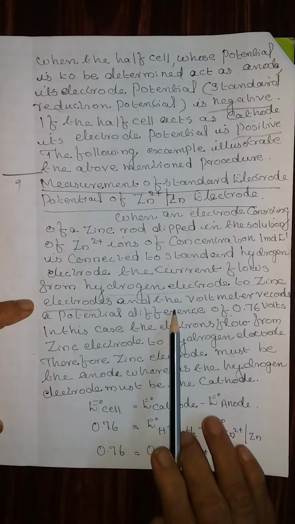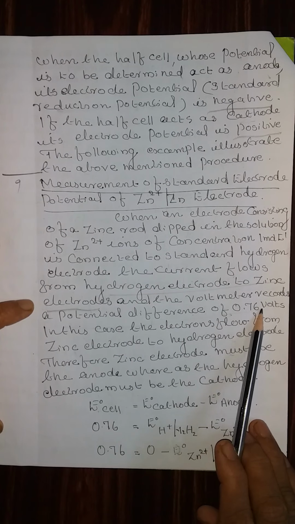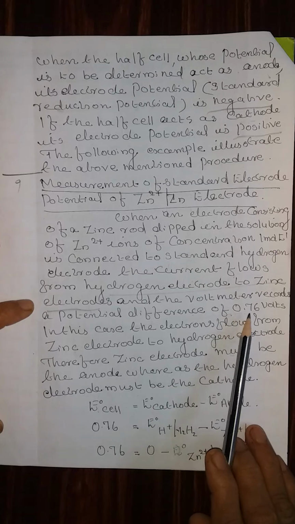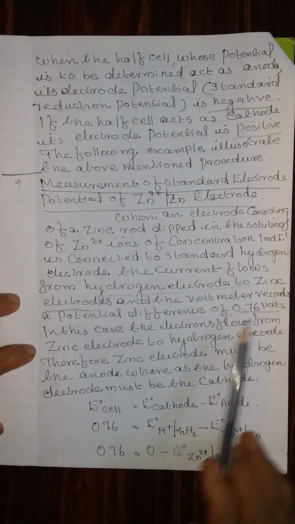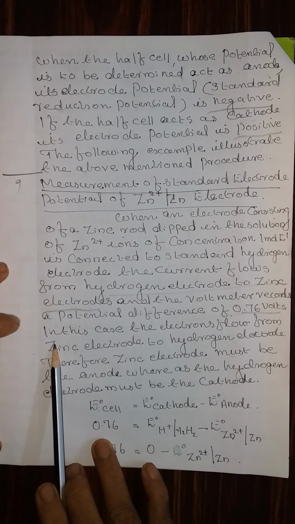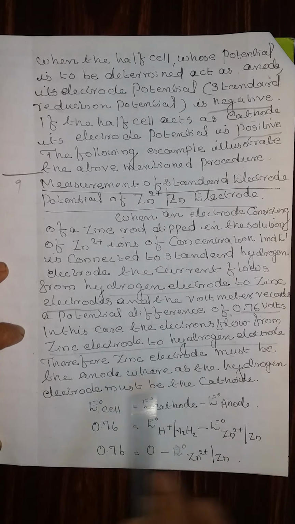And the voltmeter records a potential difference of 0.76 volts. Second point, in this case the electrons flow from the zinc electrode to the hydrogen electrode.